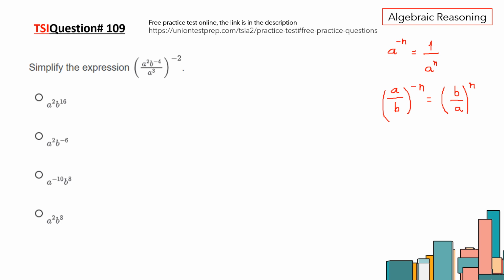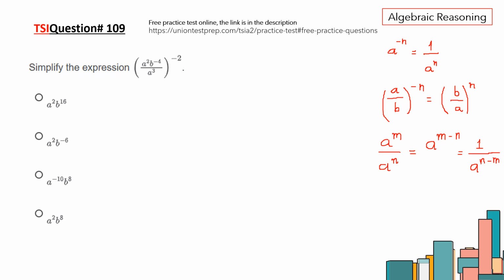You also have something that looks like this: a to the power of m over a to the power of n. This is equal to a to the power of m minus n, or it will be equal to 1 over a to the power of n minus m.